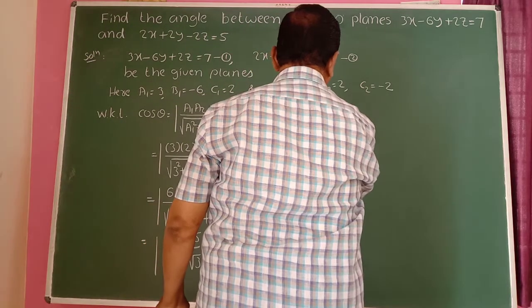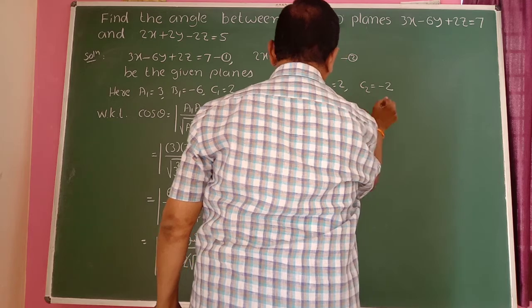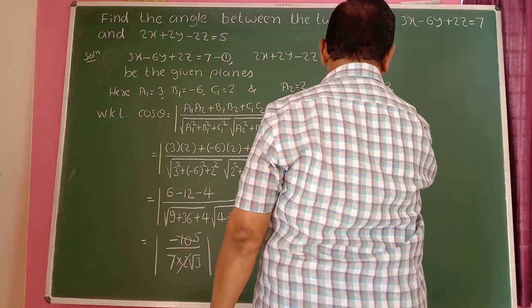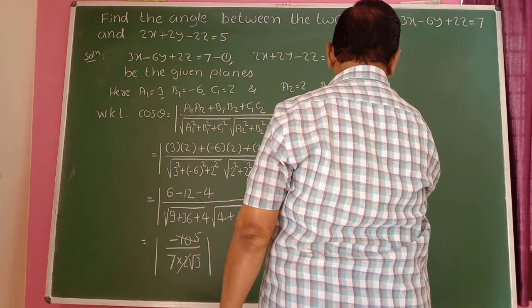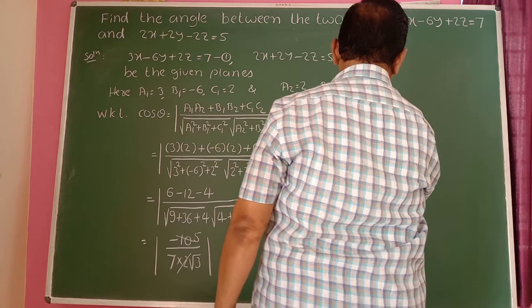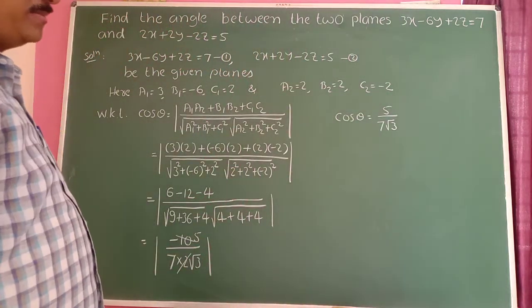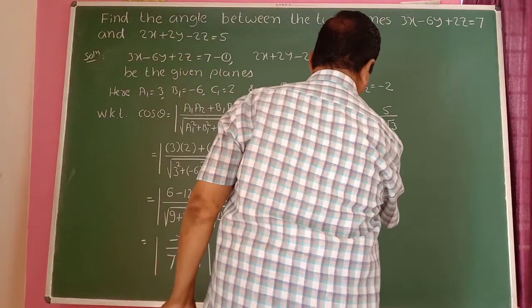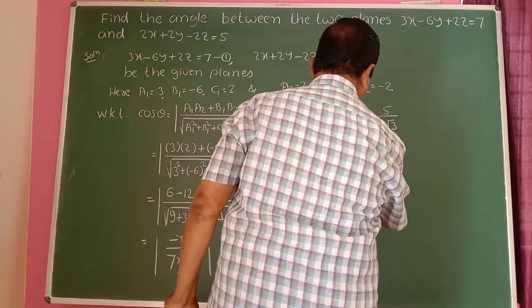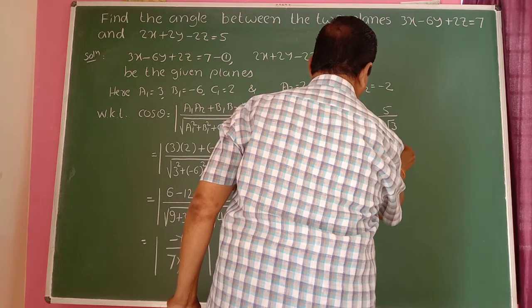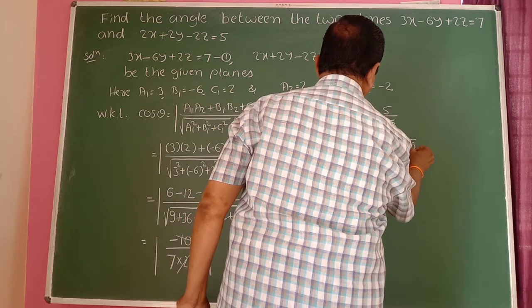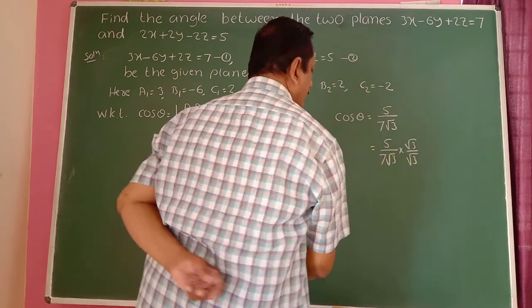Therefore, cos of theta is equal to 5 divided by 7 root 3. We can rationalize here, multiplying numerator and denominator by root 3. Therefore, 5 divided by 7 root 3 into root 3 divided by root 3.